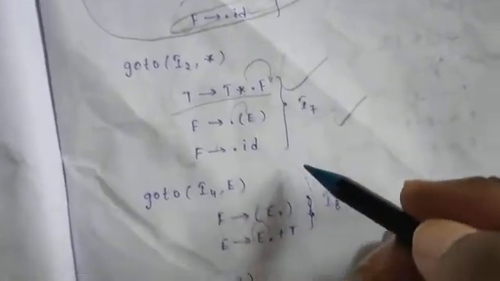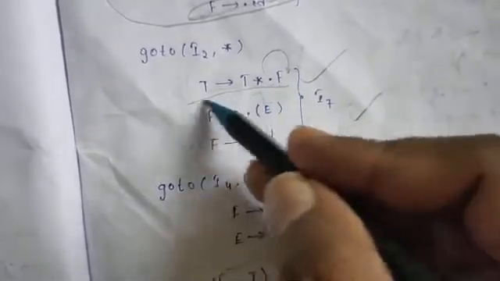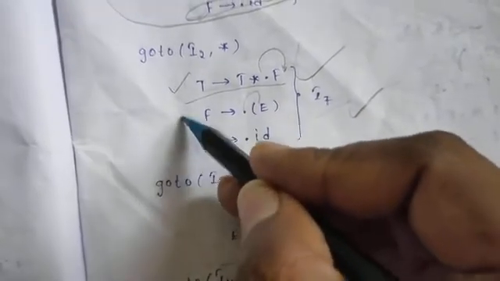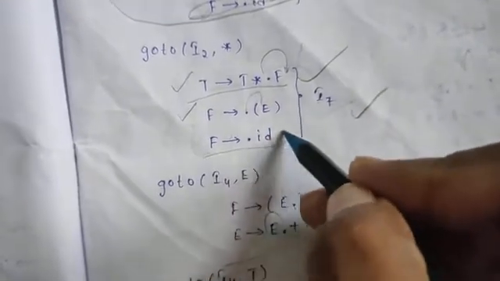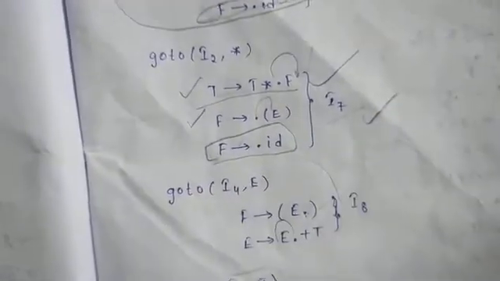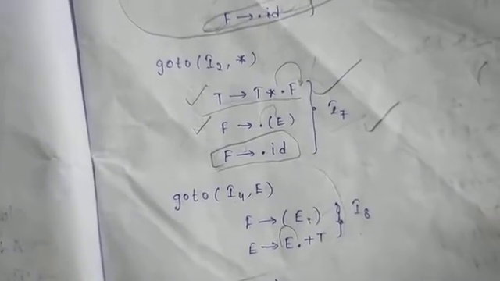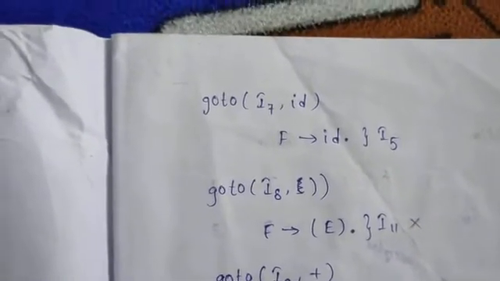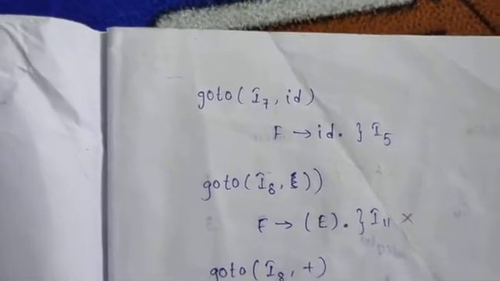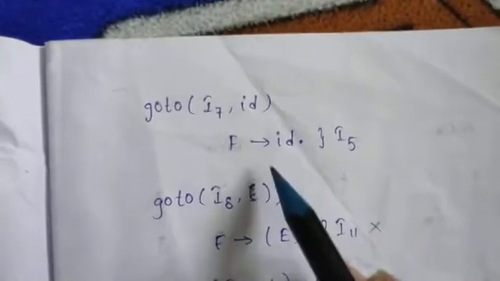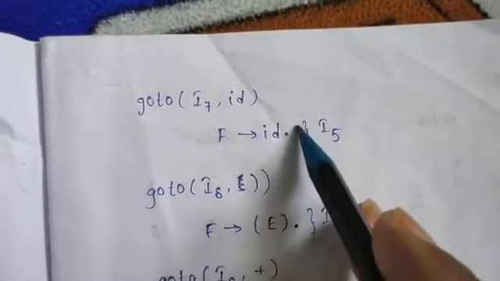Okay, now in I7, one is completed, the second one is completed. The remaining one in I7 is F tends to dot id. That should be mentioned here. So goto I7, the dot is moving on id, so the dot is moving from here to here.